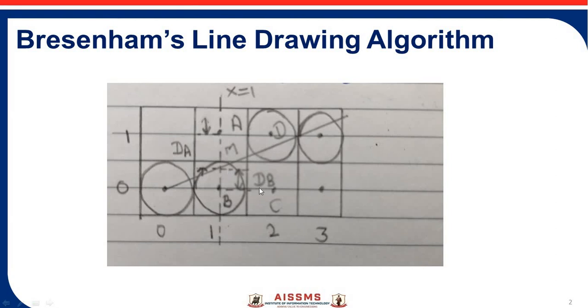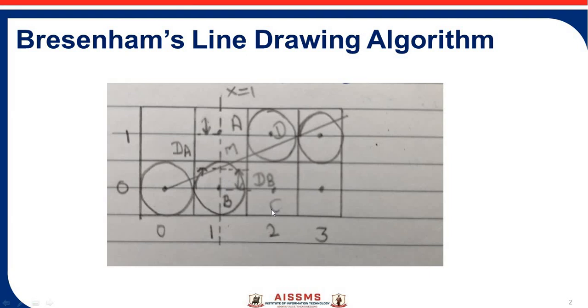If the value of E is greater than 0, that means the pixel above is closest to the true line, and if E is less than 0, that means dB is less than dA, then the pixel below the line is closer to the line.